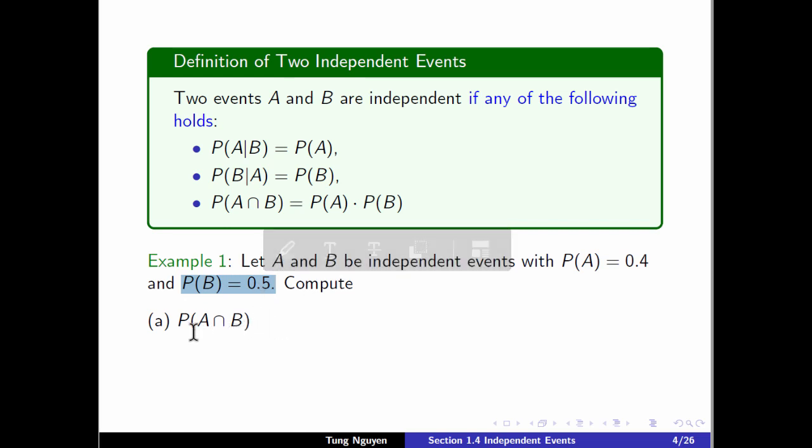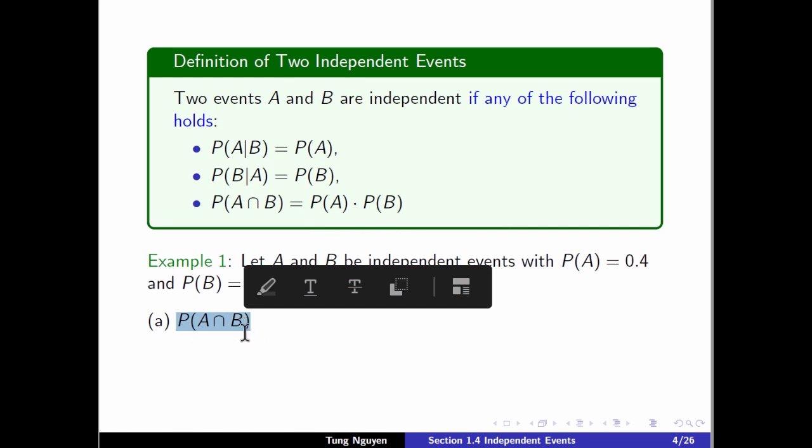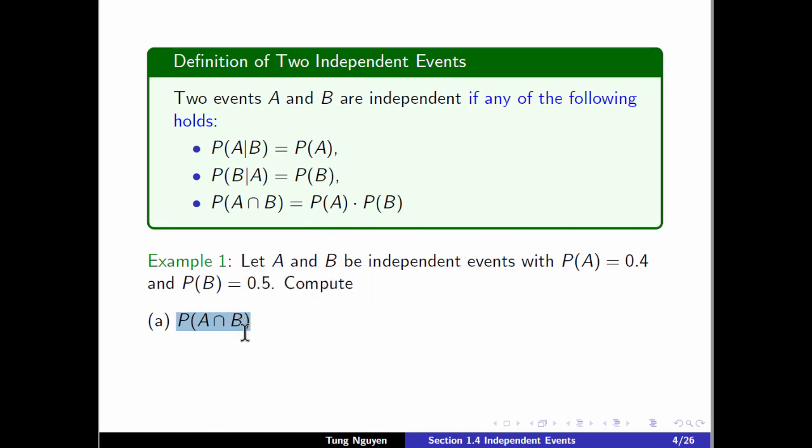We want to compute the probability of both A and B occurring, which is the probability of the intersection A intersect B. Because we know that A and B are independent, the probability of A intersect B is the same as the product of the probability of A and the probability of B. We are given probability of A is 0.4 and probability of B is 0.5. Therefore, we have 0.4 times 0.5, which is 0.2.